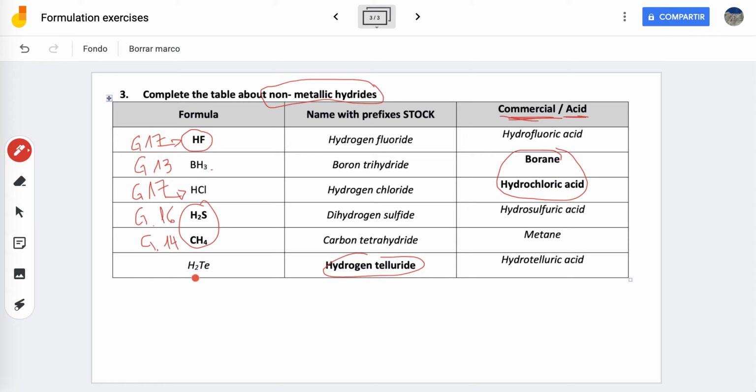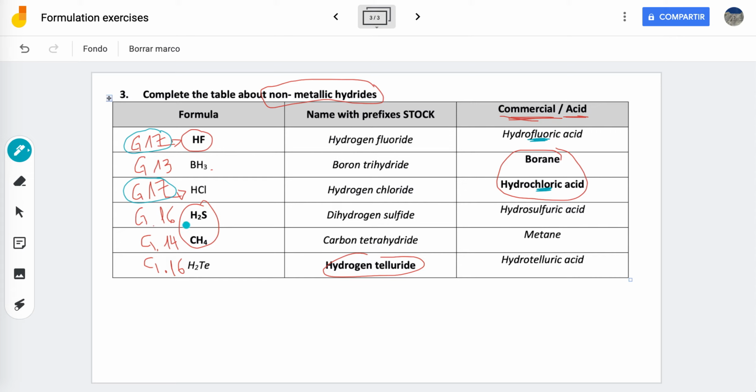And we have tellurium, that is group 16. So apart from these two examples, chlorine and fluorine, that is here, these ones are different.